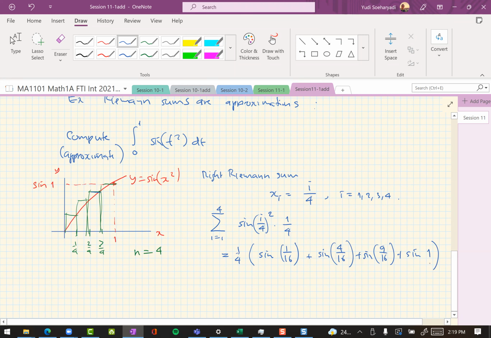You can plug into a calculator and find the value.